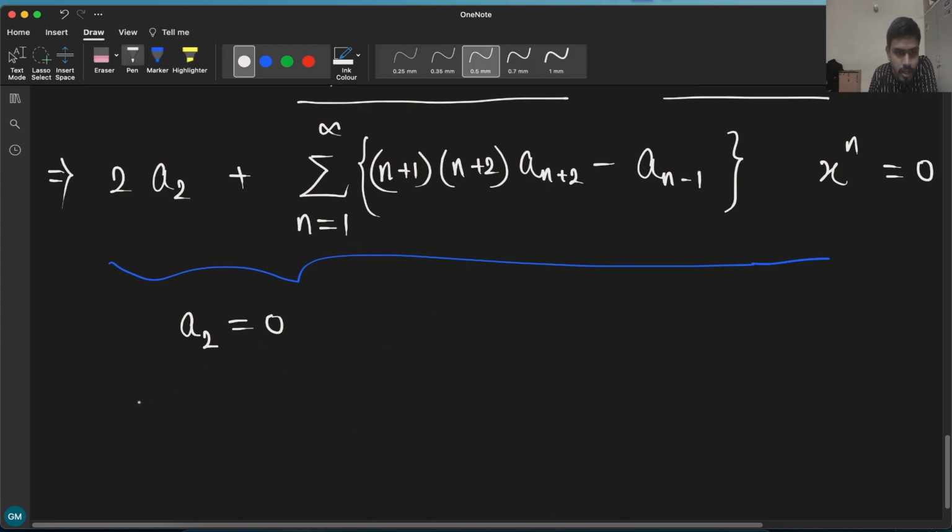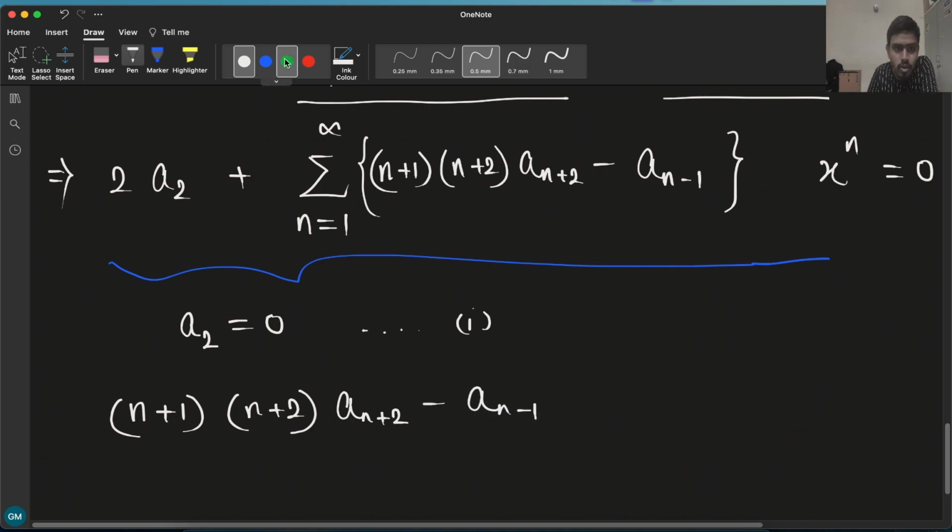So in that case I can write (n+1)(n+2) a_{n+2} minus a_{n-1}. This is the coefficient of x to the power n, where n is 1, 2, 3, 4, 5, 6, and so on. n is not equal to 0, the 0th term is taken care of here.